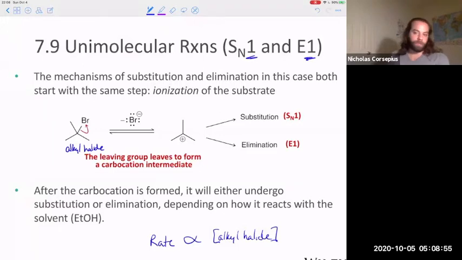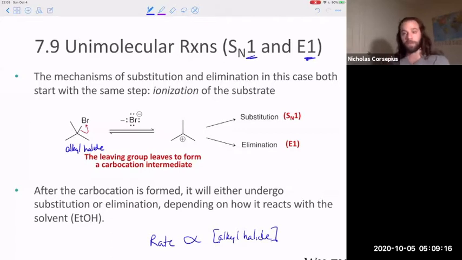I sort of primed this before, but just to reiterate, it's a really common point of confusion to mix up the fact that an SN2 reaction happens in one step. An SN1 reaction happens in two steps.